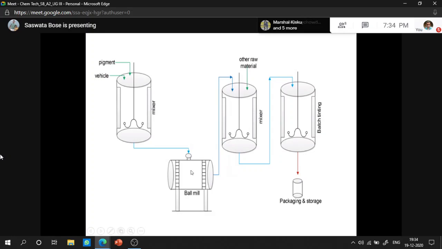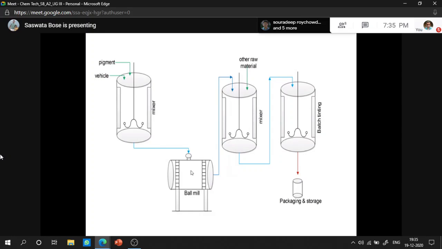From here it is fed to a ball mill or pebble mill, etc., to break down the aggregates of the pigment particles in the vehicle.